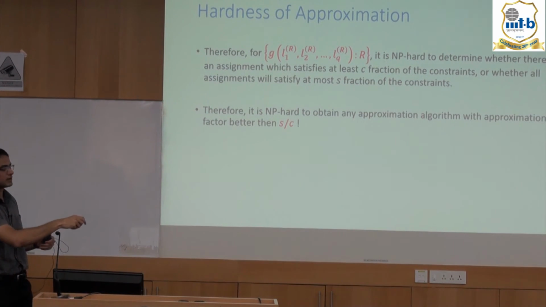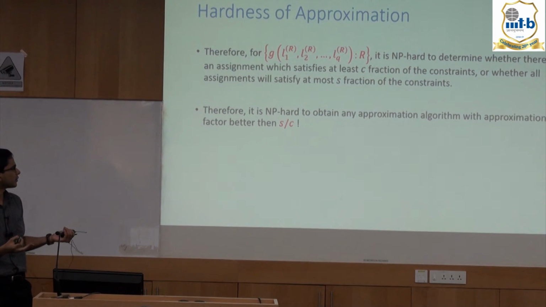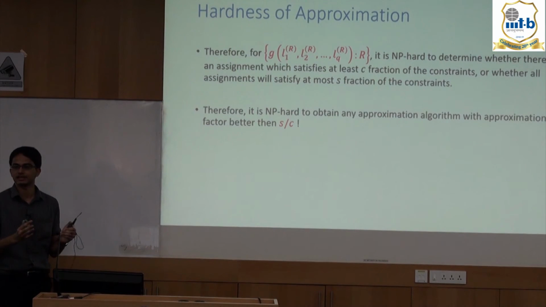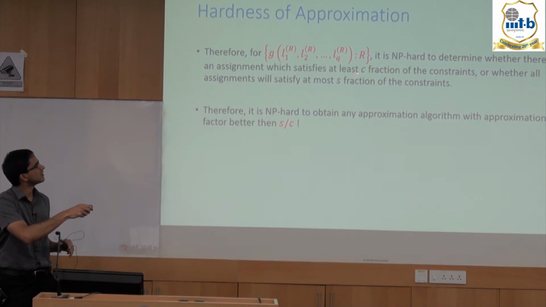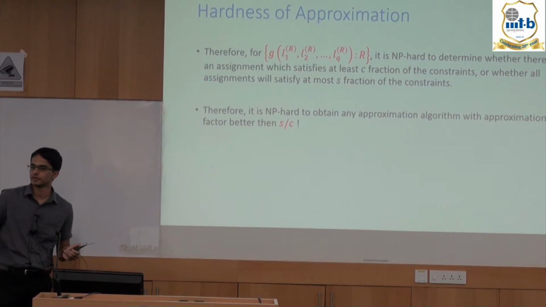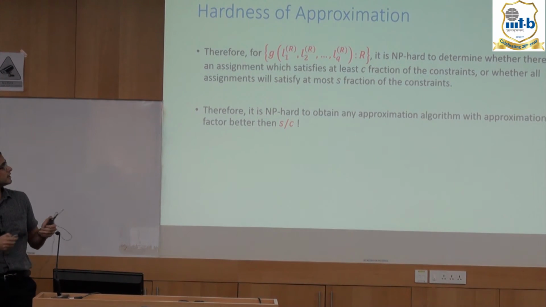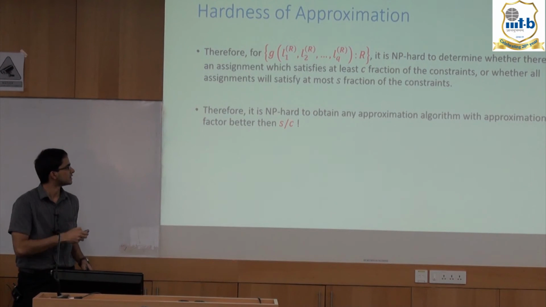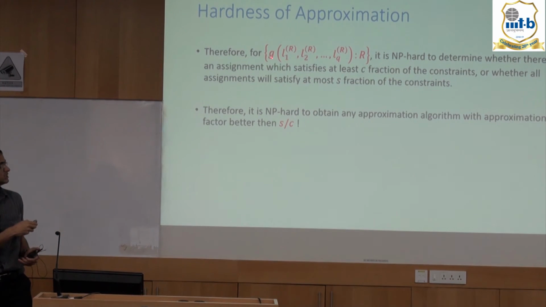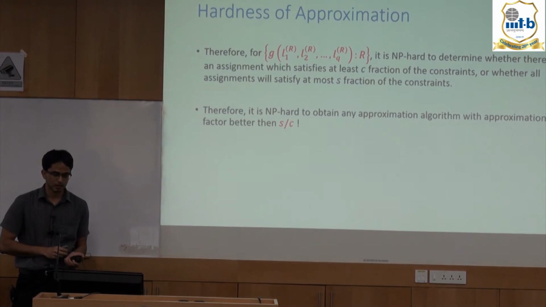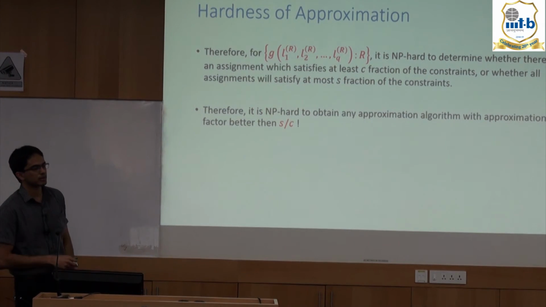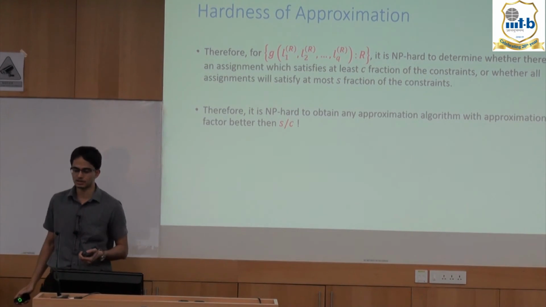Whereas in the second case, no matter what algorithm you use, you will not satisfy more than S fraction of the constraints. So if you had an approximation algorithm whose guarantee was strictly better than S divided by C, you could distinguish whether you are in the first case or the second case. But distinguishing between these two cases is NP hard. Therefore, you cannot get an approximation algorithm better than S divided by C for this G problem, assuming P not equal to NP. So if you want to prove that this 3-SAT problem cannot have a better than 7/8 approximation, what do you have to do?